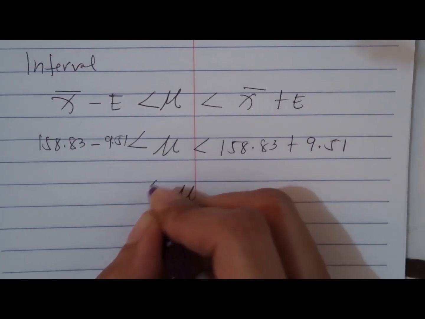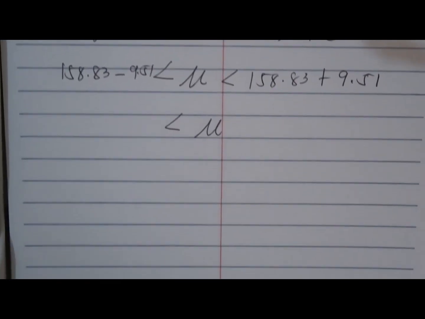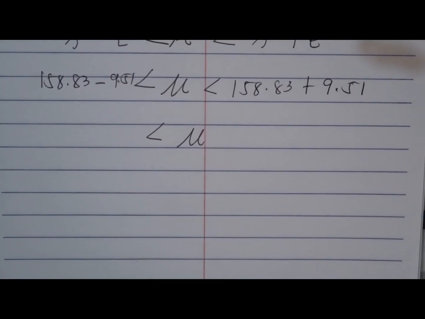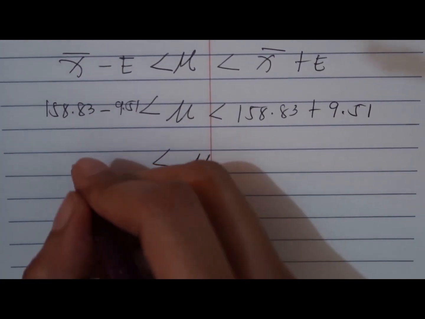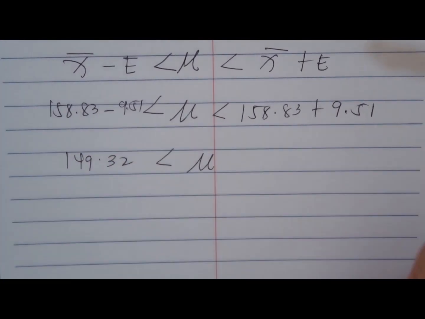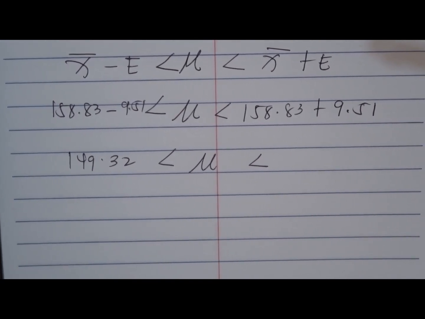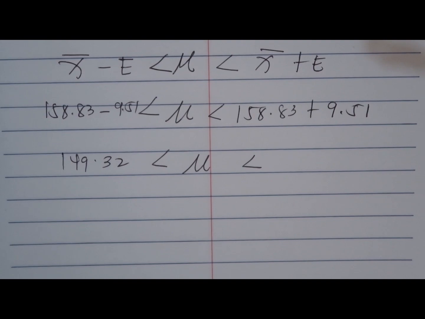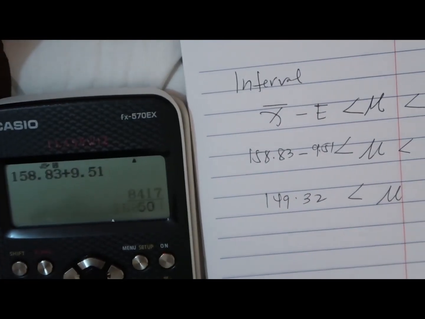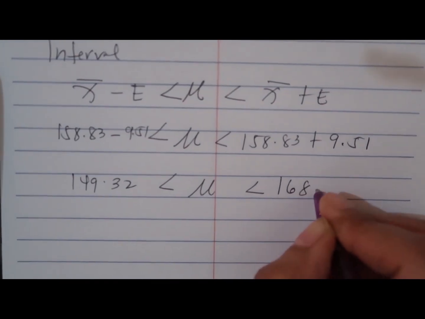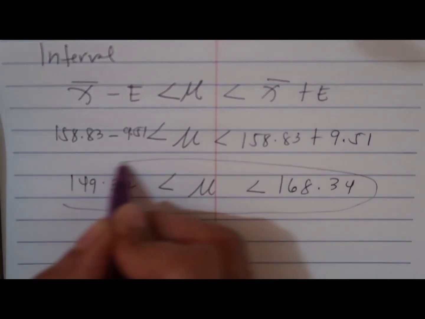So mu is greater than 158.83 minus 9.51, that would be 149.32, but less than 158.83 plus 9.51, that would be 168.34. So that is the interval.